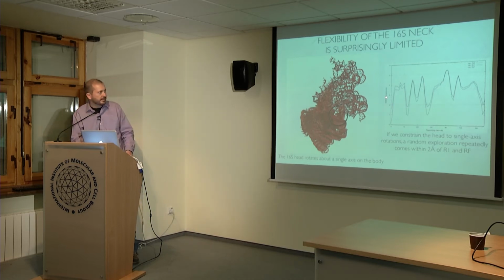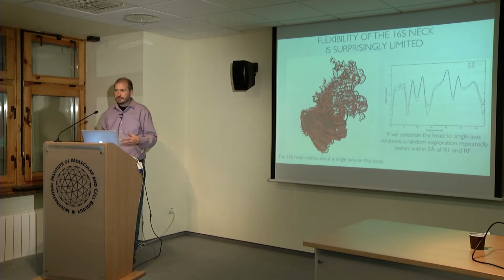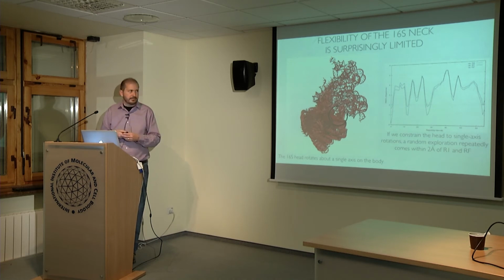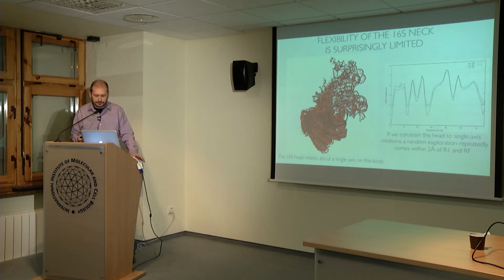And you can see that this trajectory comes within less than 2 angstroms of all 3 observed states of 16S: the classical state, the hybrid state, and an intermediate that was crystallized by Jamie Cate. That's what you're looking at here.